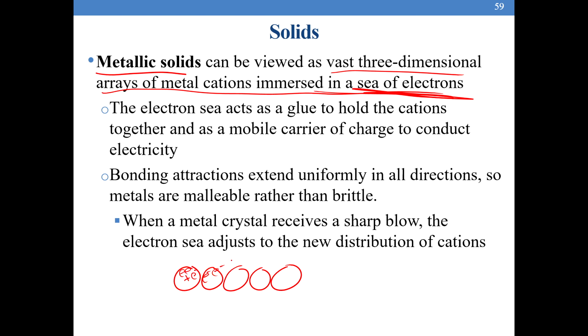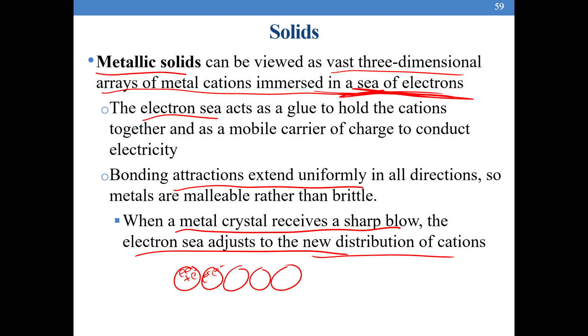It's literally called an electron sea, and the electron sea is the glue that holds the cations together. If you were to jab this metallic solid, the electrons just adjust to a new distribution, so the whole thing isn't going to fall apart. It's all uniform throughout the whole solid, and hence it's its own special metallic solid.